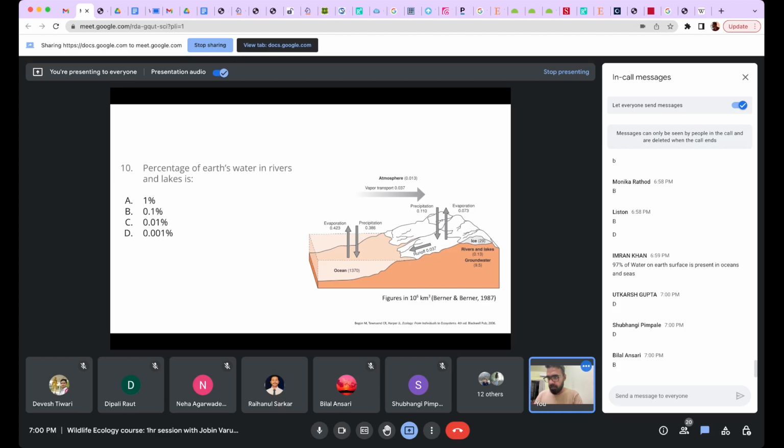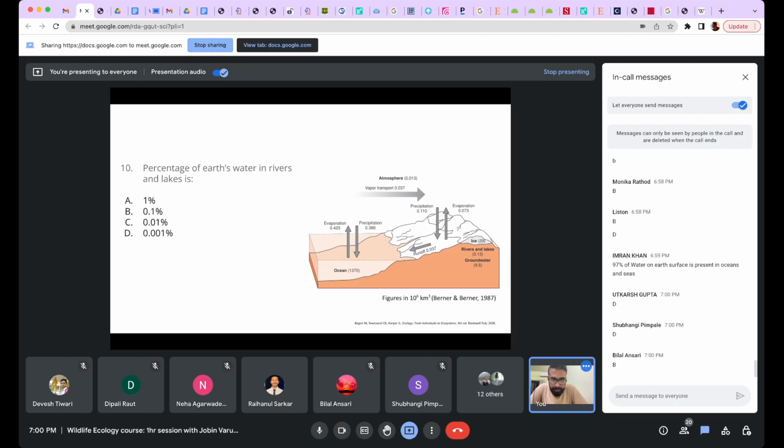Oh, sorry. So the answer is 0.009489. So it is not B, it is not D, nor is it A. It's actually C. Did you get it? Why is it C?